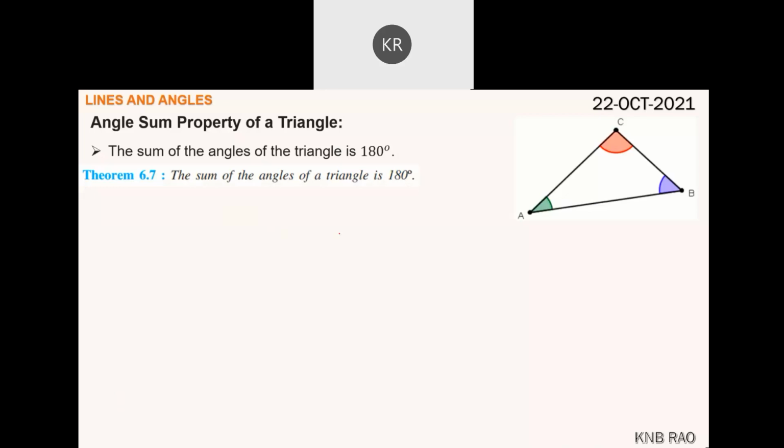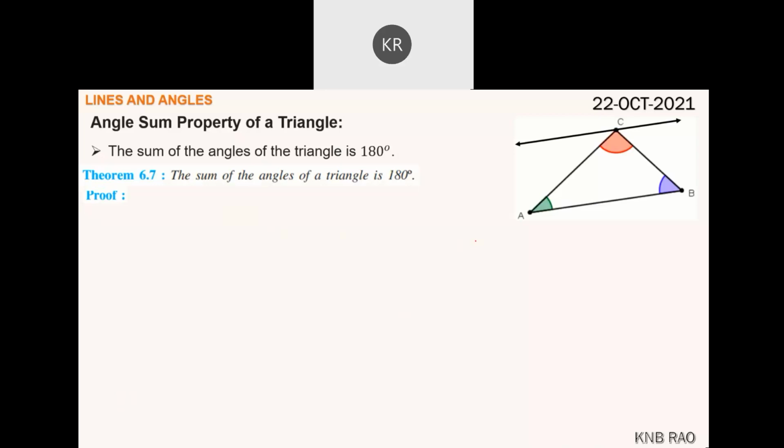If you want to prove it, you must go for drawing a line parallel to one of the sides, passing through the opposite vertex of that side.